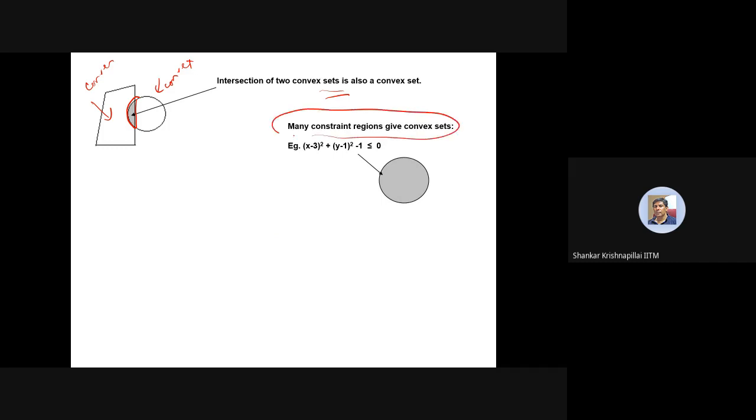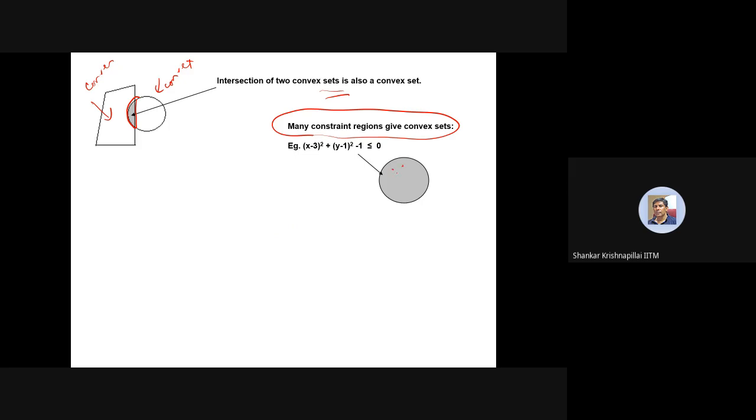Then another important thing is that intersection of two convex sets is also a convex set. So we know that circle is convex, polygon is convex, so their intersection is also convex. Then many constrained regions or feasible regions give convex sets.